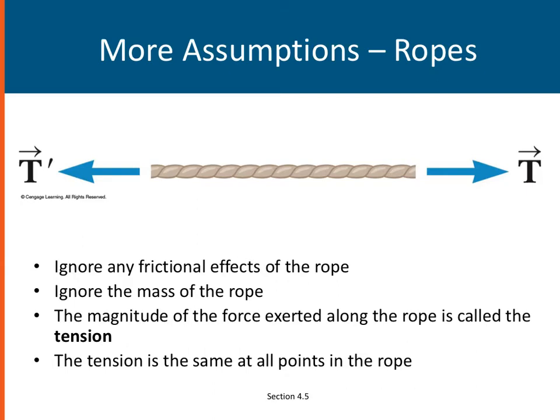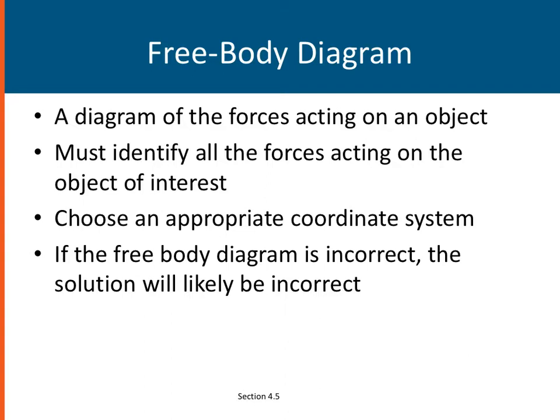So when we attack application problems of Newton's laws, we need to draw something called a free body diagram. A free body diagram is a diagram of the forces acting on an object. This diagram must identify all the forces acting on the object of interest. If we leave any out, we're not seeing the true story. So we need all forces acting on the object and only the forces acting on that object.